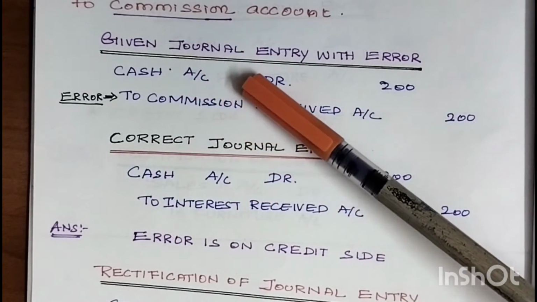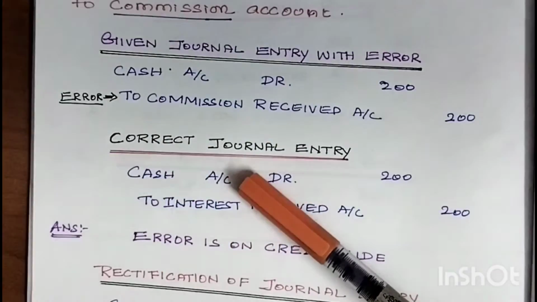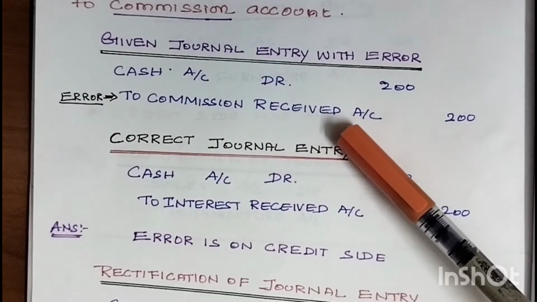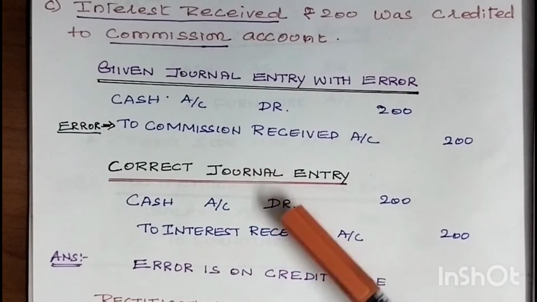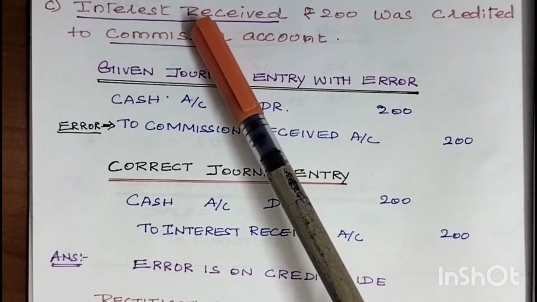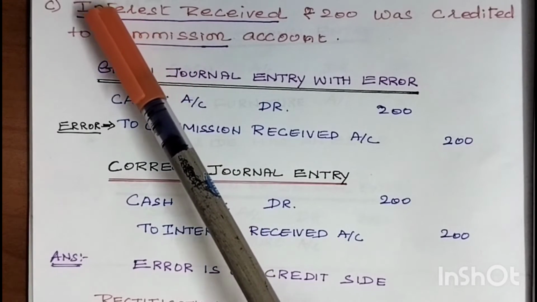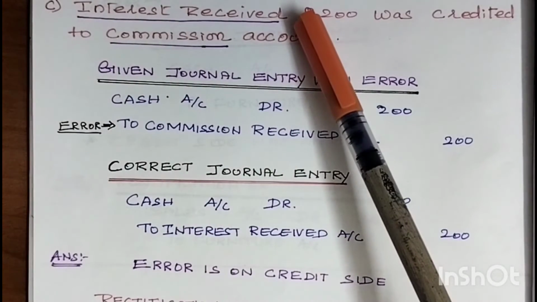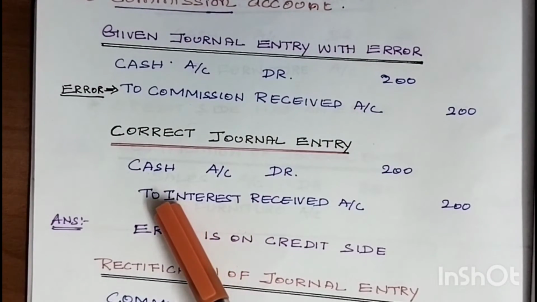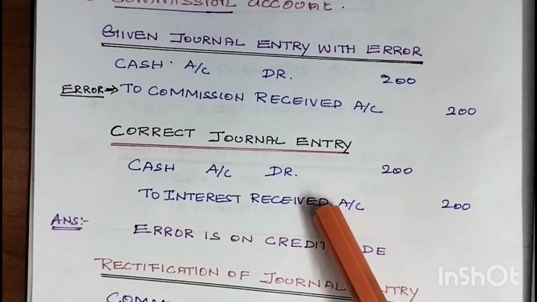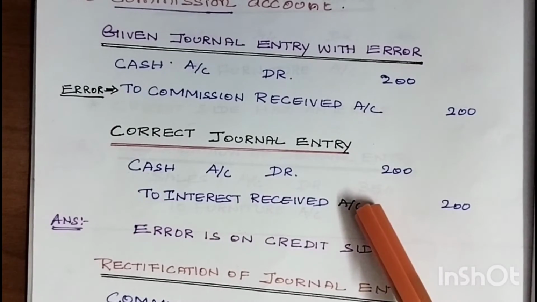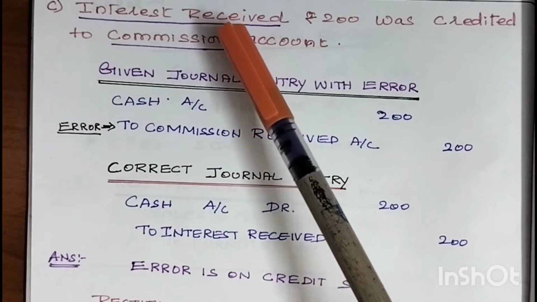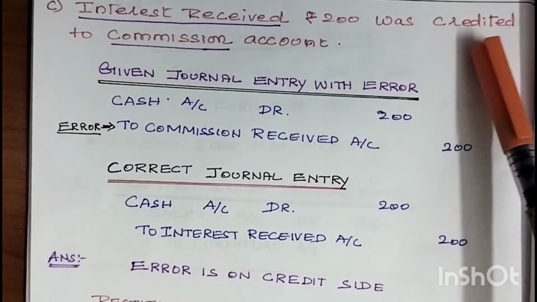So debtor side we don't have the error. Let's take the creditor side. To commission received account, interest received account. Actually what happened, a firm received interest. Okay, so which is the correct entry? This one is the correct journal entry. Interest received is the correct entry. Instead of interest received, an accountant entered commission account on credit side.